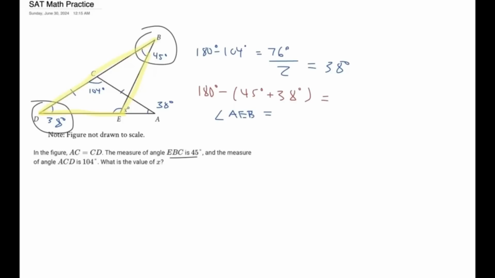Let's do some quick maths. I think that is 97 degrees. Okay, so angle E is 97 degrees.